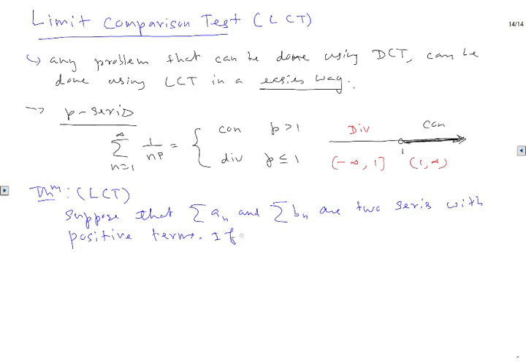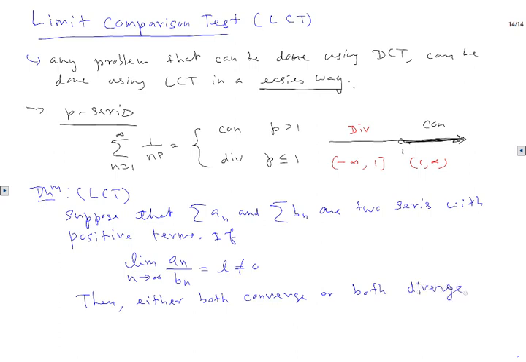Now we can take the limit as n goes to infinity of the ratio an over bn. Let's say you get a number L which is not equal to 0. Then either both converge or both diverge. So they behave the same way.